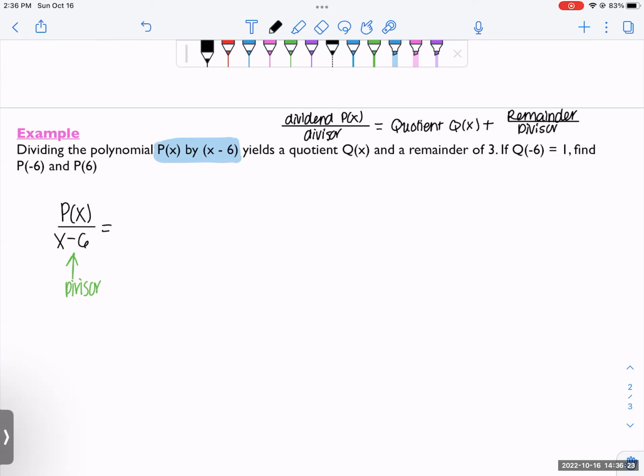Maybe it would even be better to start there. Let's go ahead and do that. Let's start with filling it out this way. So the divisor, we know, is x minus 6.